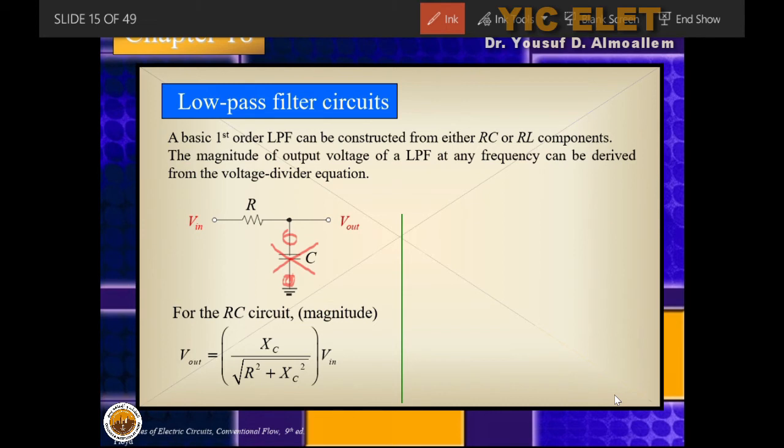The entire V in will be transferred to V out, because there will be no current passing through this R. So here I will be equal to 0. Therefore, at low frequencies, the entire voltage goes to V out.